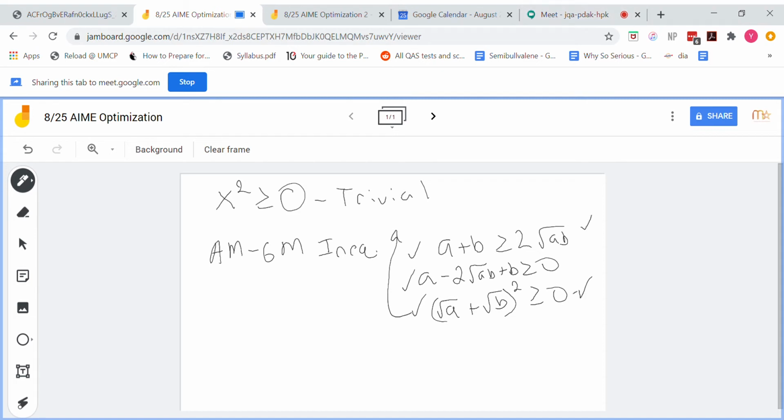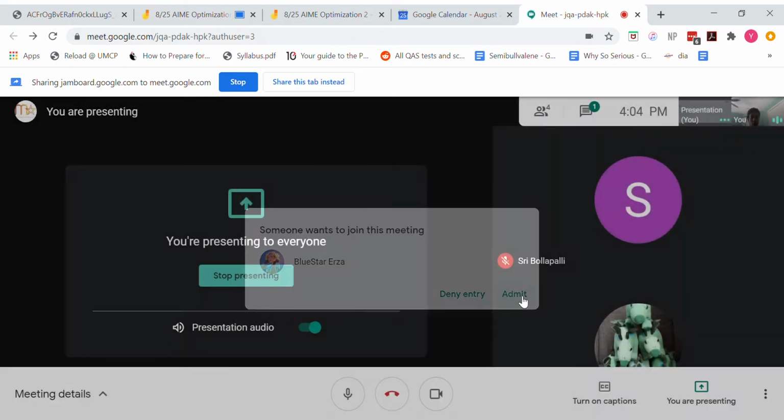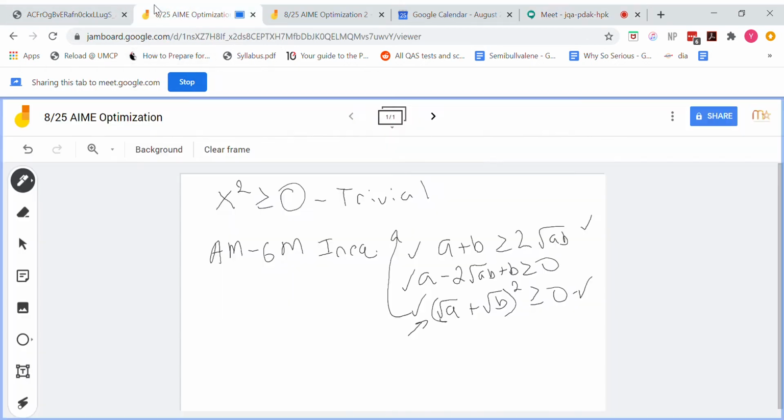Now one problem is clear, right? The trivial inequality is only true for real numbers, which means square root of a plus square root of b must be a real number. So this version of the AM-GM inequality can only apply when square root of a and square root of b are real numbers, which means a and b must both be non-negative.